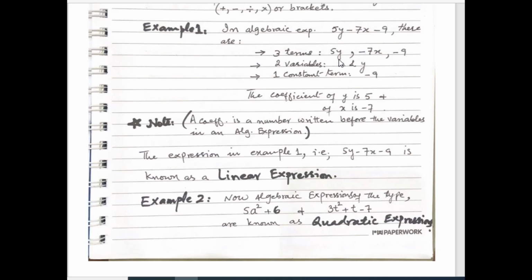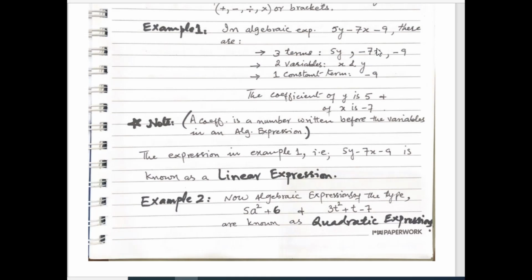Now all these terms along with their signs and coefficients make an expression which is known as a linear expression. Why is it a linear expression? Because there is no power on any variable in this expression greater than 1. What is the power of y and x here? When x and y are written without a power, it doesn't mean they have no power. They have power 1. The power of y is 1 and the power of x is also 1, which is not mentioned, and we don't need to mention it.